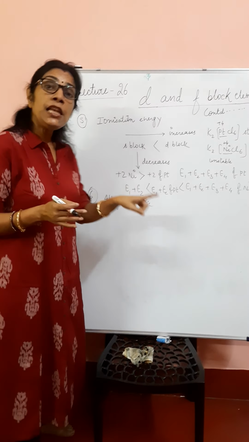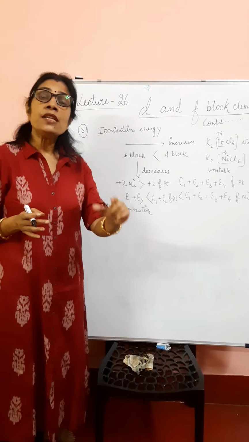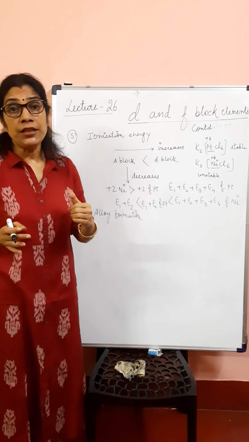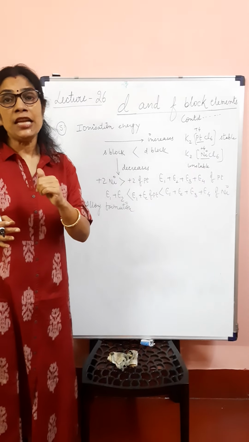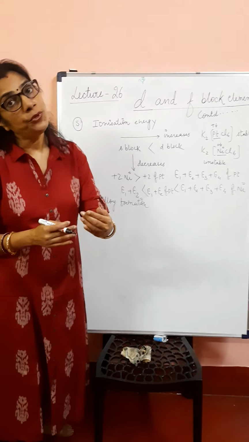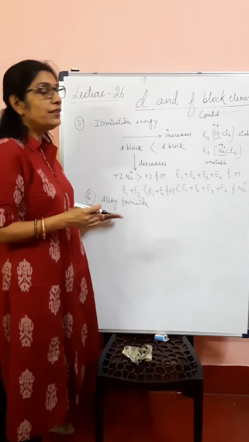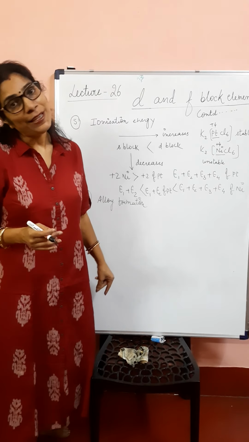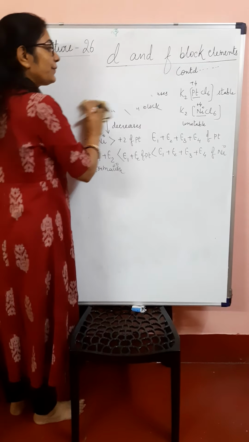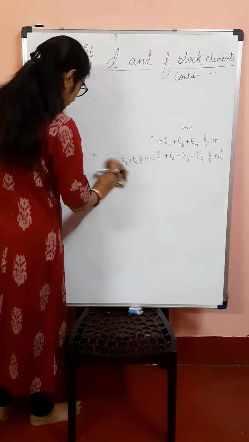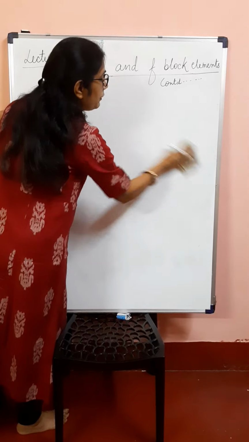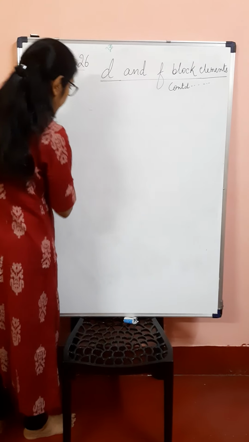So why do they easily form alloys? Because alloys are homogeneous mixtures of these metals, and since they have almost similar atomic size, one can substitute the other, and therefore they can easily form alloys. So the next property, after alloy, we will see oxidation state.